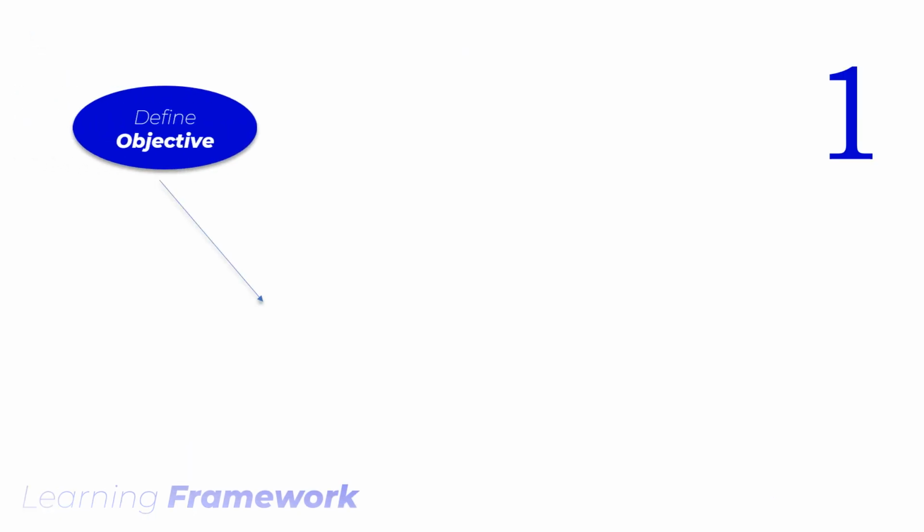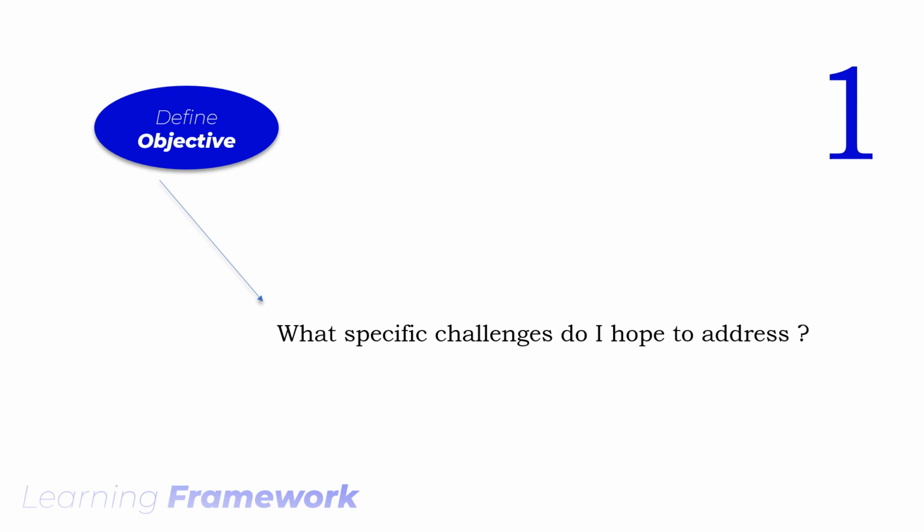Now, the first step is defining the objective. In defining the objective, one of the most important questions you should ask yourself is, what specific challenges do I hope to address? This is a question that you can stand with. It could be in a marketing firm or a business firm. You discover that their sales in August is better than what they have in December.